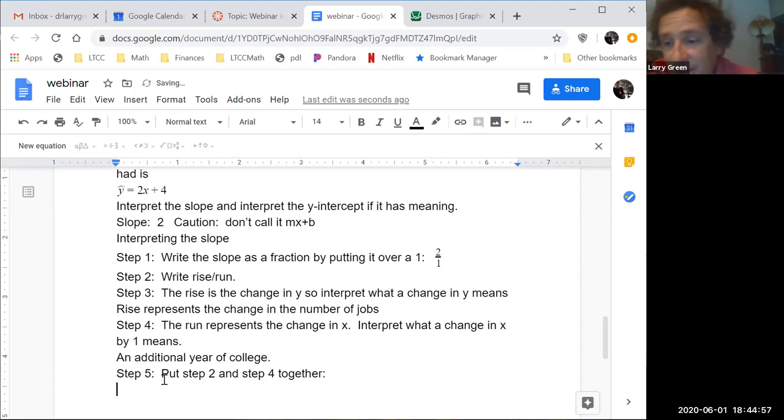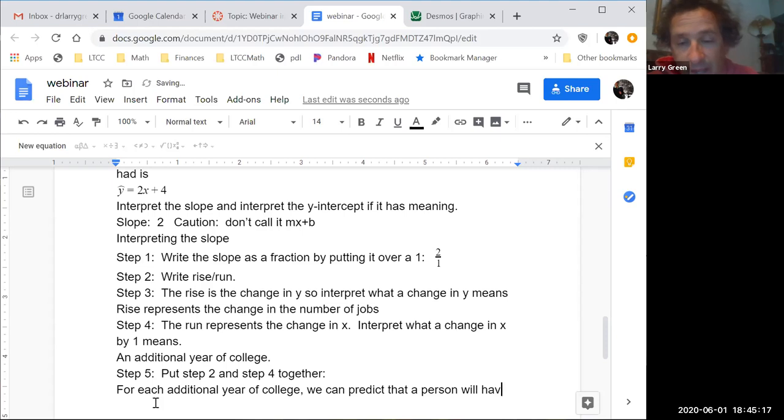So what that means in this case is that for each additional year of college, we can predict that a person will have had an additional 2 jobs. Any questions on that? Any questions?